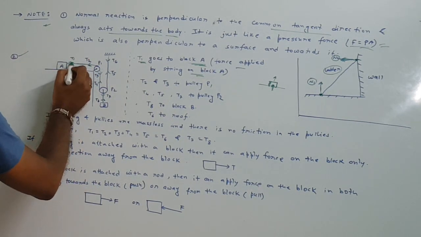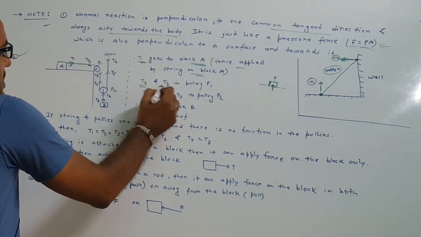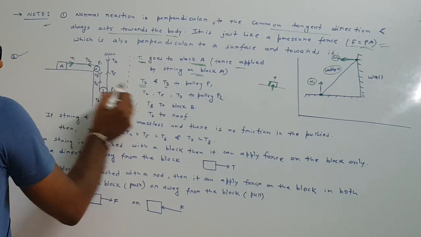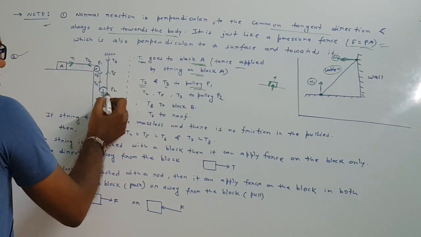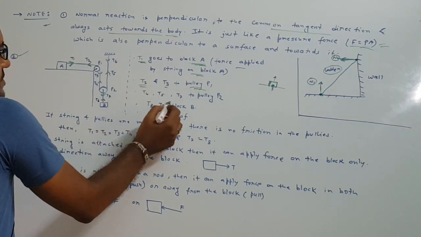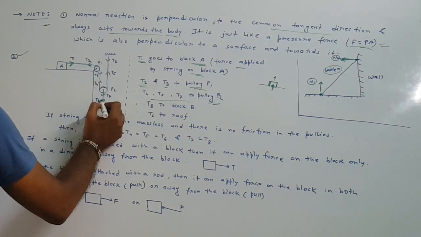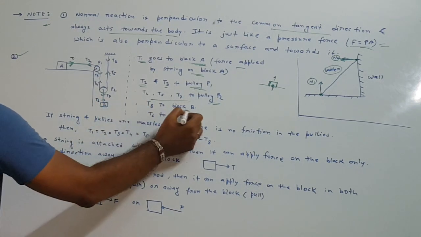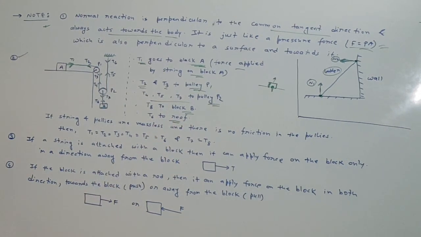So this T1 is away from the block. Now T2 and T3 are for the pulley P1, and T4, T7, T5 are for the pulley P2, T8 is for the block B, and this T6 is for the roof.